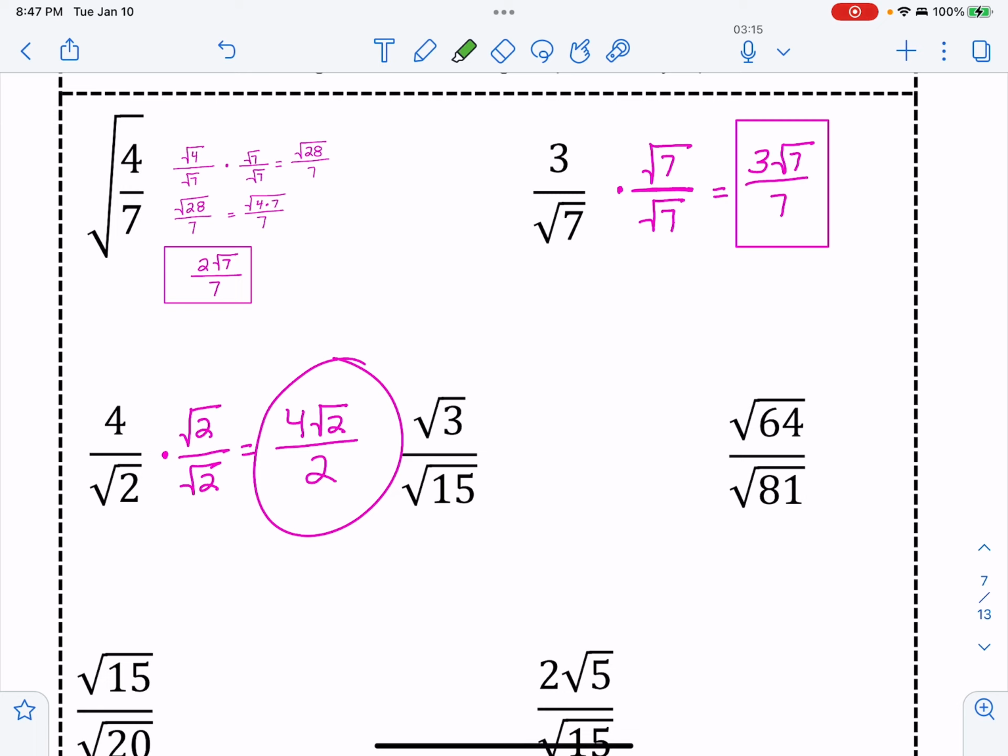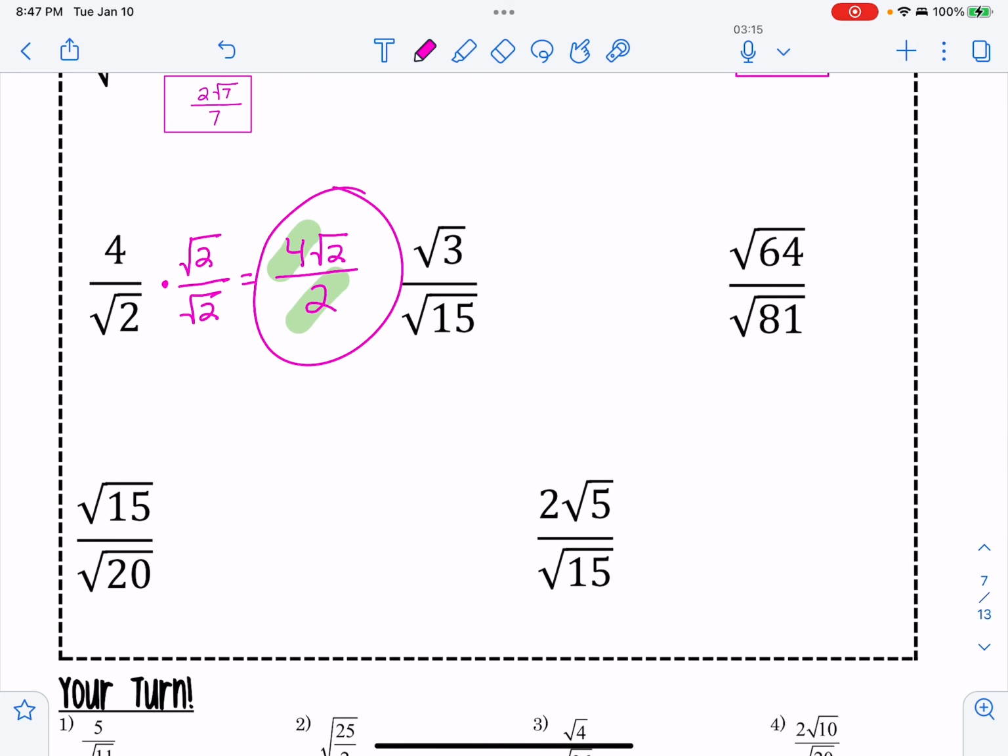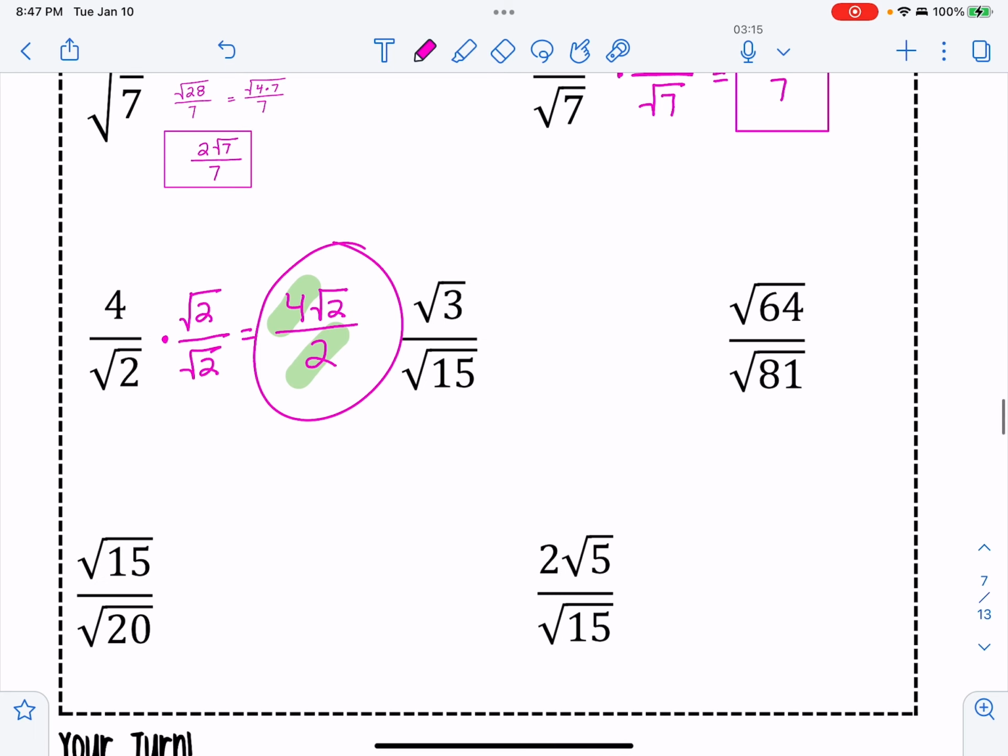I can reduce the 2 and the 4. 4 divided by 2 is 2.